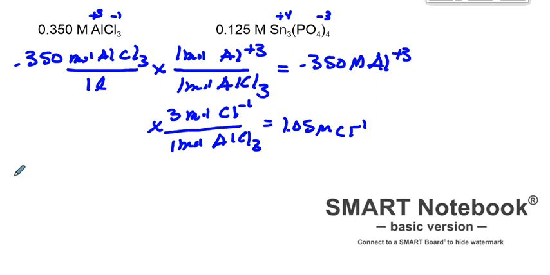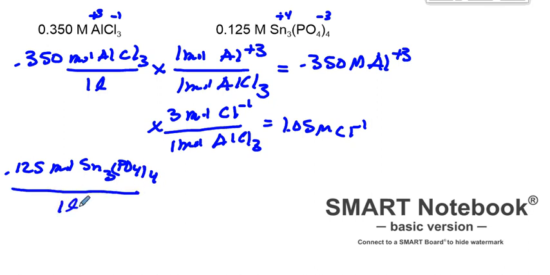Okay, now let's do the tin phosphate. That's the tin 4 phosphate. So I'm going to start with the 0.125 moles of tin phosphate. And again, that's per 1 liter. I see that there's 3 tins for every 1 tin phosphate. So I'm going to say times 3 moles of tin +4 per 1 mole of tin phosphate.